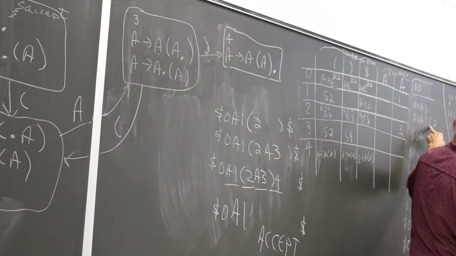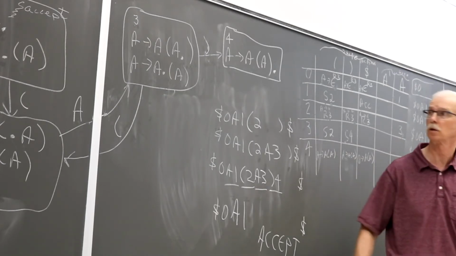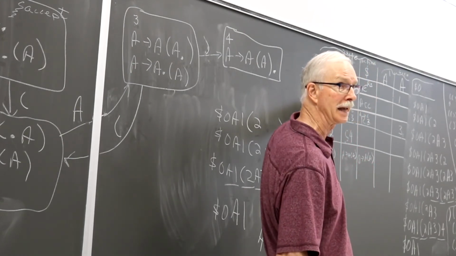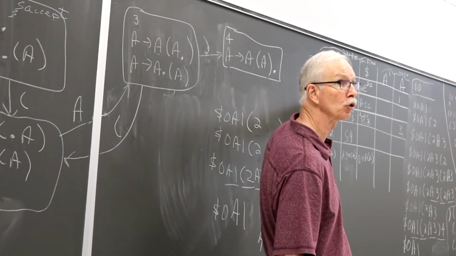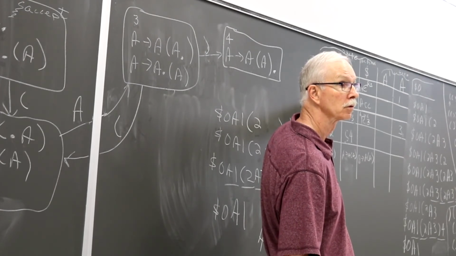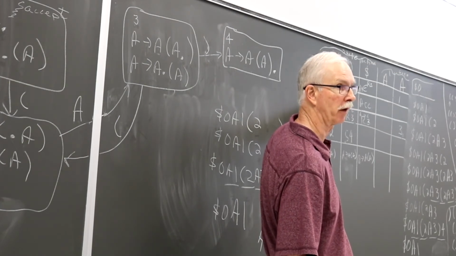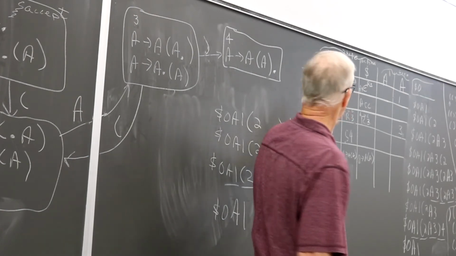I shifted the terminal on, and then I went to the state that it tells me to. The S2 says shift the terminal onto the stack and go to state 2. So I'm doing two actions essentially at every move: shifting it on and going to a new state.